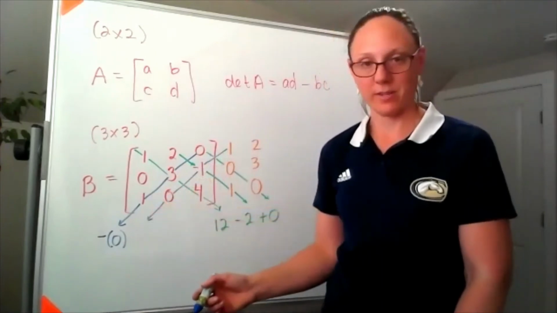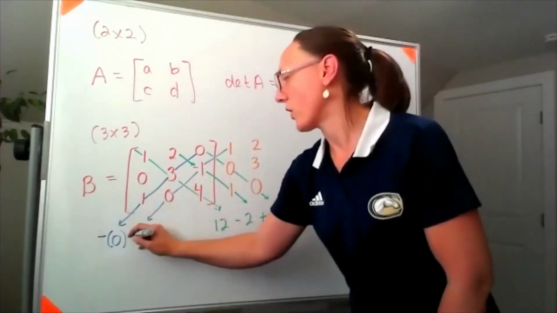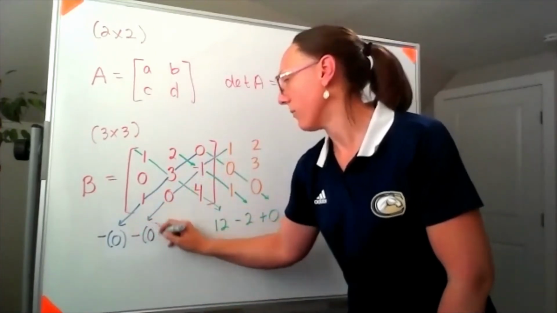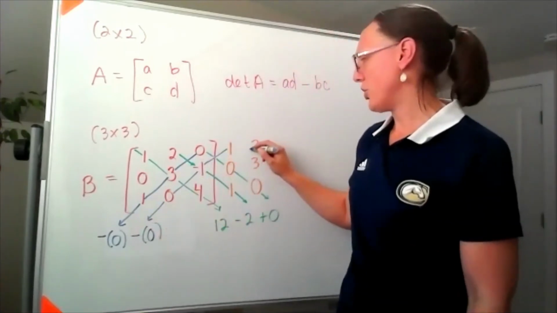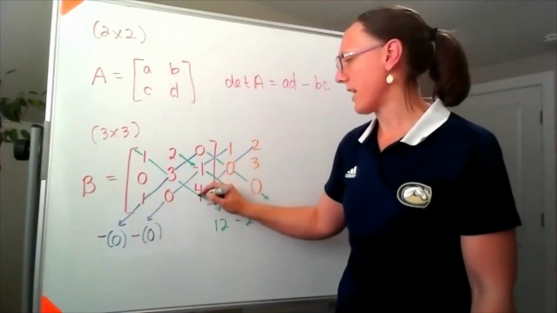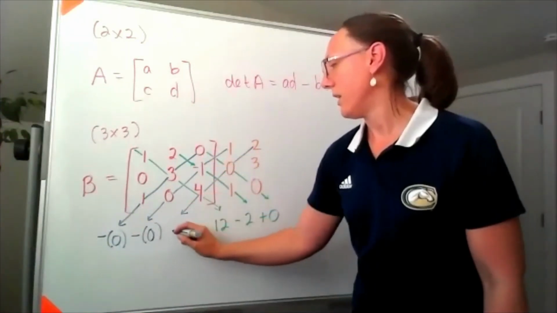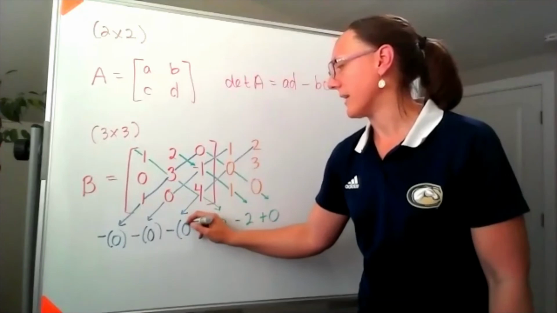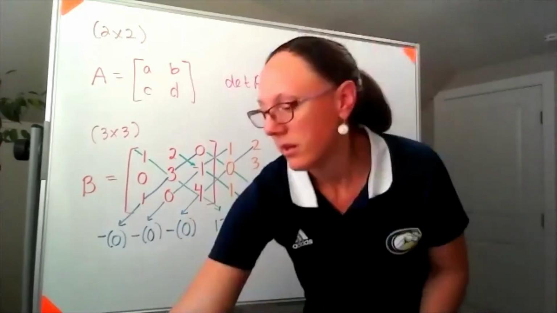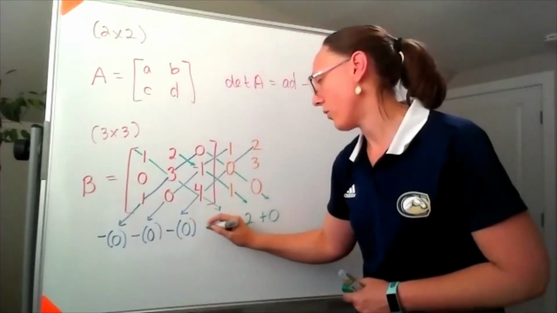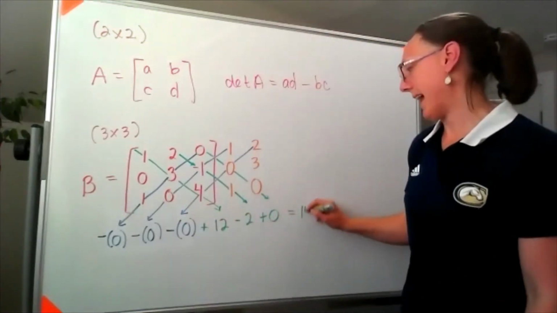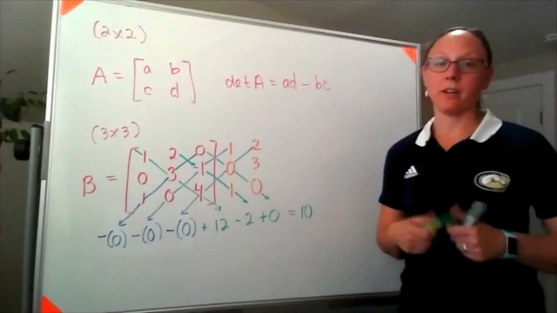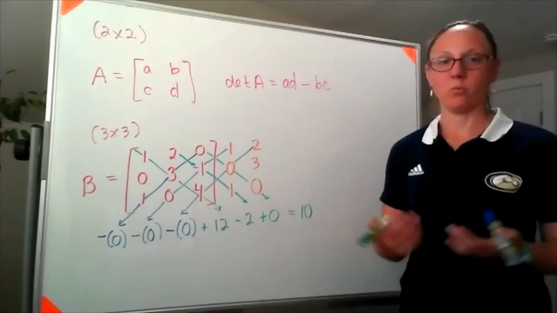I made a lot of zeros in here, sorry. 2 times 0 times 4, so that's again minus a 0. So overall, I think I'm going to get 10. So the determinant of this matrix is equal to 10.